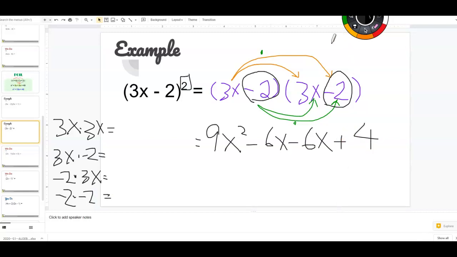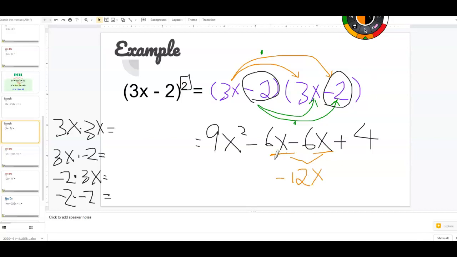Okay. Finally, combine like terms. So x and x, they have the same x part, so we're going to combine them. And be careful, you're going to add up the number in the front. So here, the number in the front is -6. Here is also -6. So -6 add -6 is -12x.